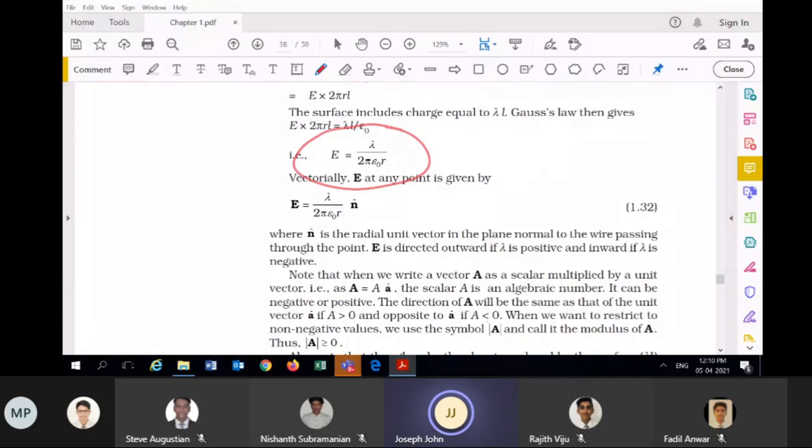Jacob John is here. Abhishek Chandra is here. Yes, sir, I'm here.